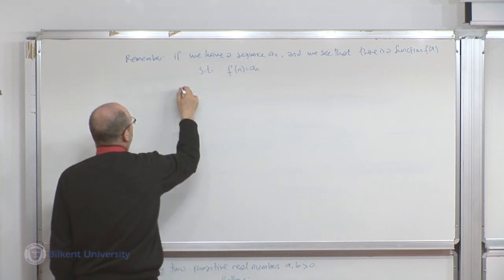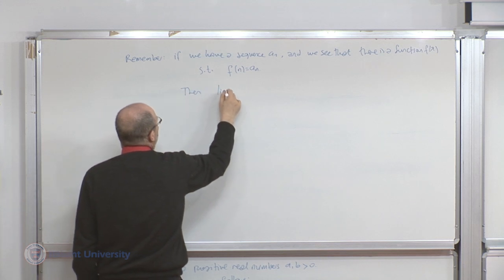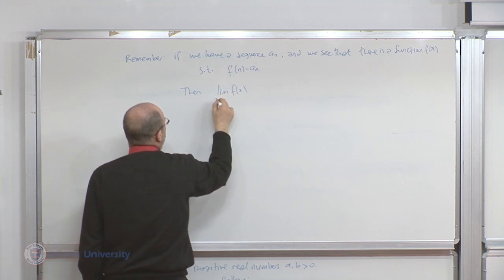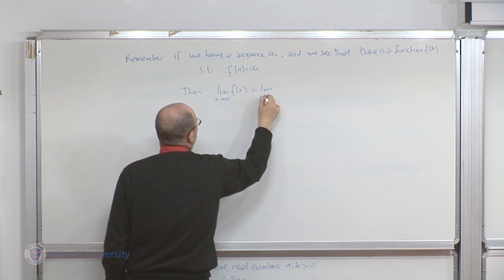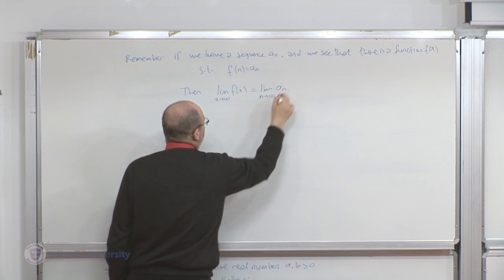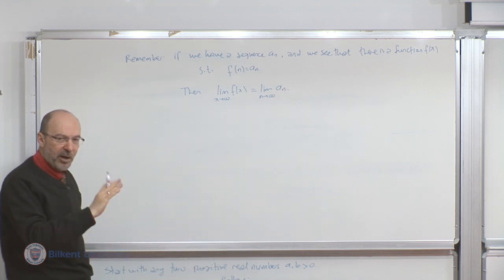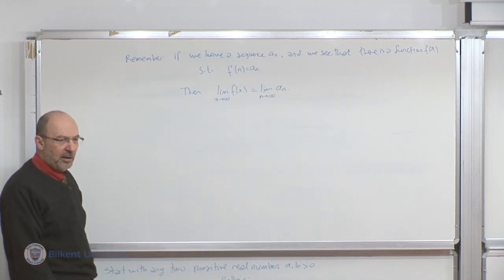Okay? Then the limit of f(x) as x goes to infinity is the same thing as the limit as n goes to infinity of an. Okay, so this is where we tie this theory to the usual theory of calculus, where you can now take limits.